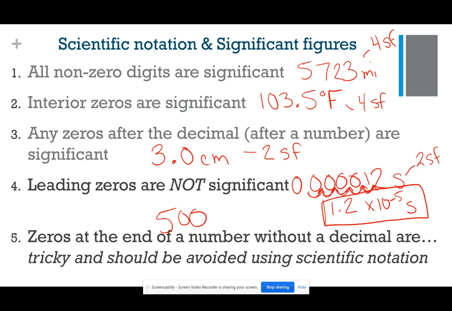If you do need to report a number like this, the best way to do it is to write it into scientific notation. So if I wrote this number as 5.00 times 10 to the second, then it's crystal clear that all 3 of those numbers are important. There's 3 sig figs. So scientific notation, again, can help us out in being clear about how many sig figs are there.